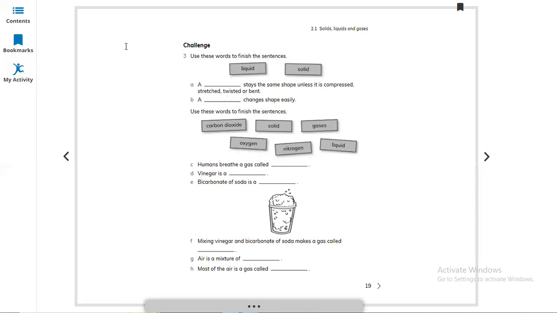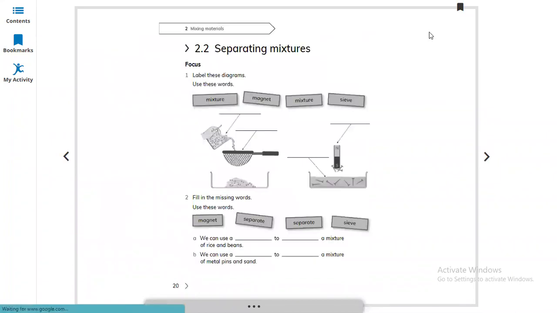Let's move to the next page, number 20. Lesson 2.2, Separating Mixtures. Focus: label these diagrams. Use the words mixture, magnet, and sieve. So let's start. We can see here these are mixtures of two things, and this one is to separate them.